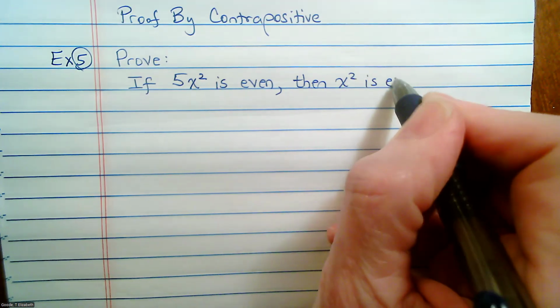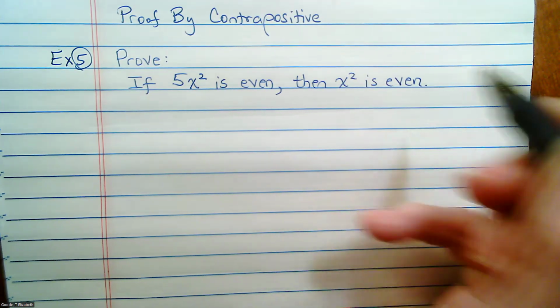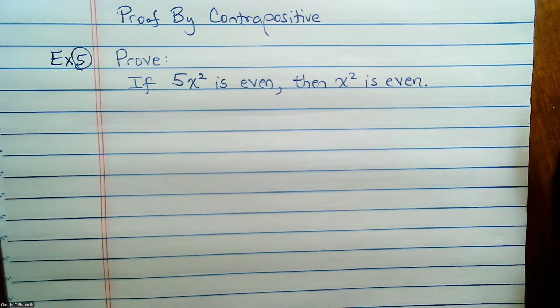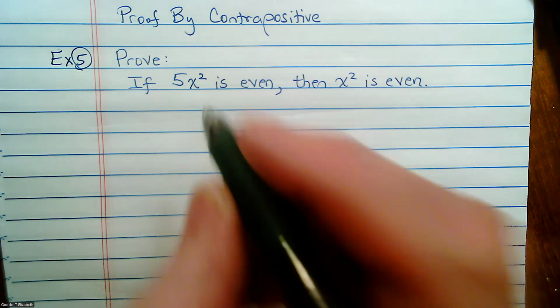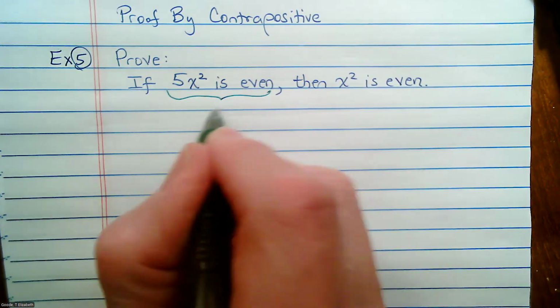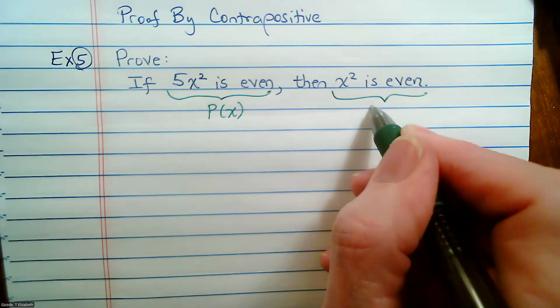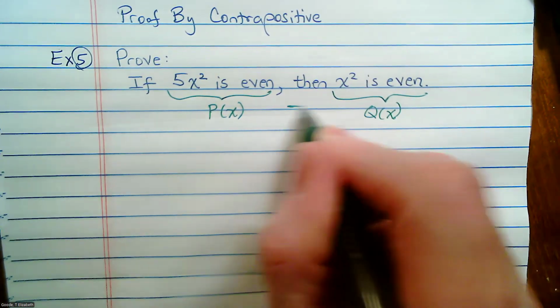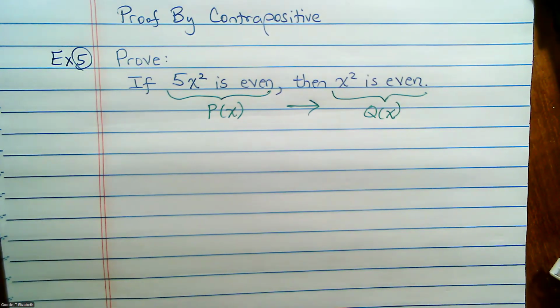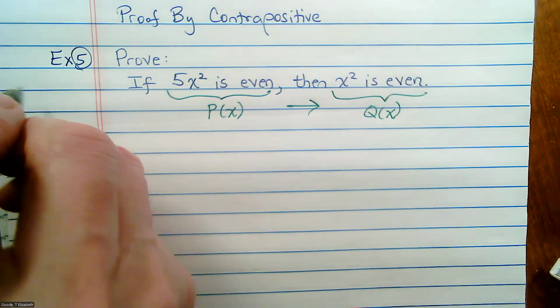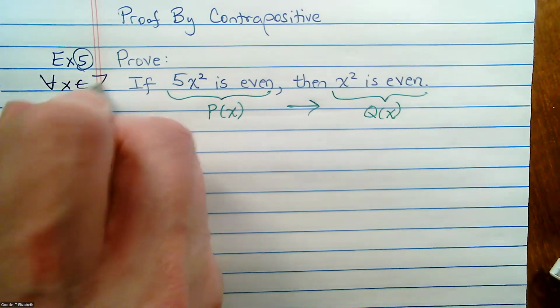Now you can actually prove that directly using unique factorization, but it's easier for some folks to just prove it by contrapositive. This is our p of x, and this is our q of x, and this is universally quantified. It's for all integers x.